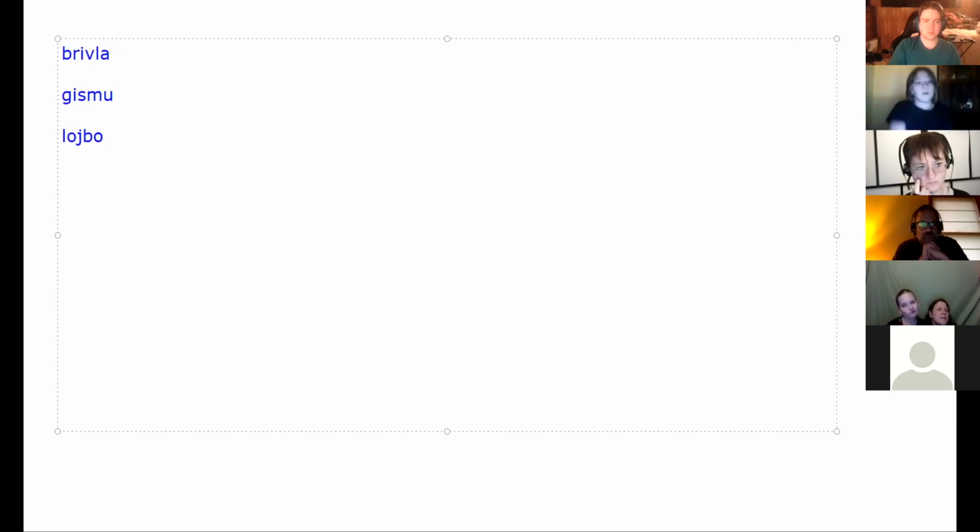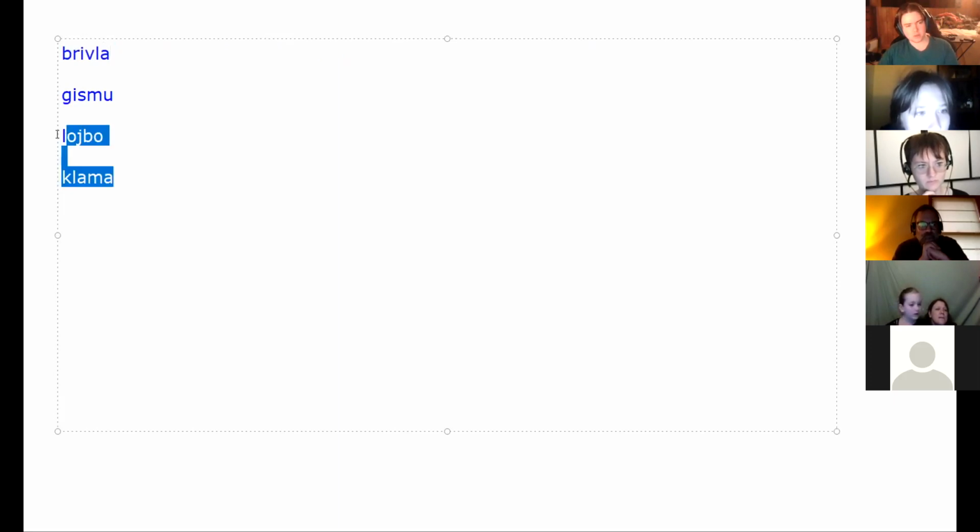Here we can see the two types of gismu. These are root words in Lojban. They form the backbone of it. But you see, sometimes the consonant cluster is right here at the start, and sometimes it's in the middle.